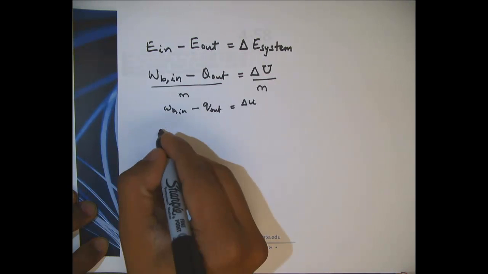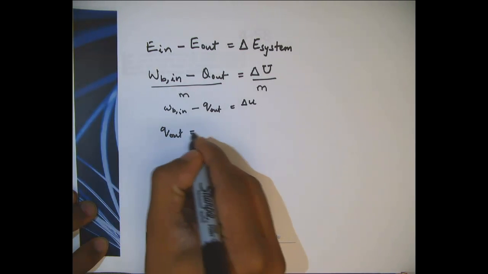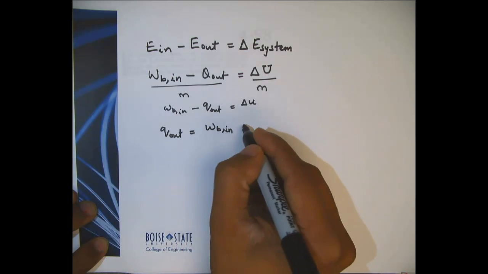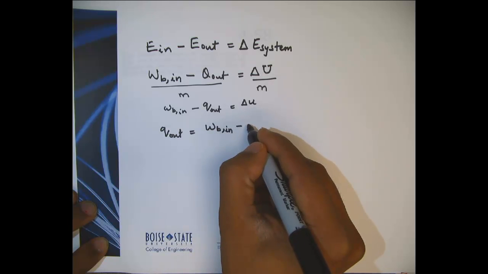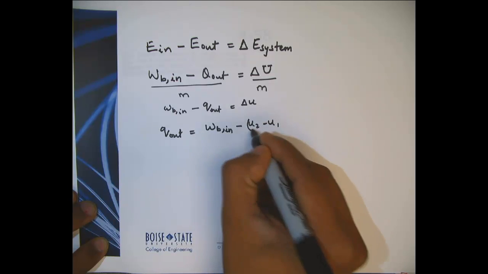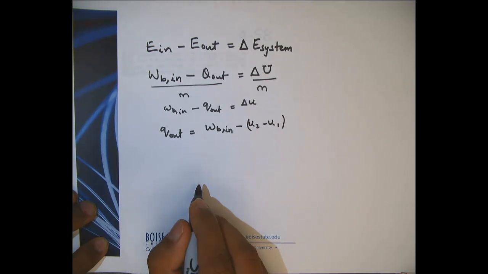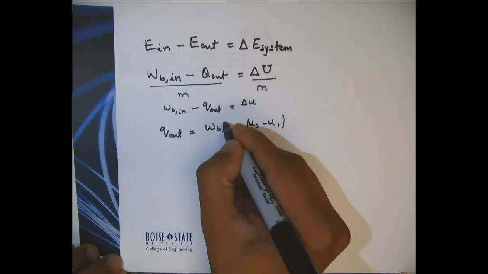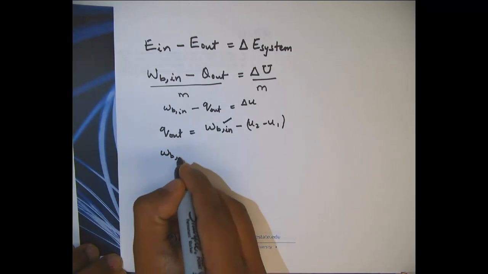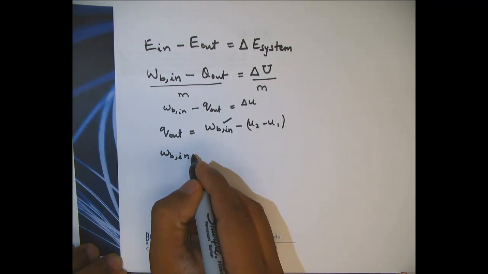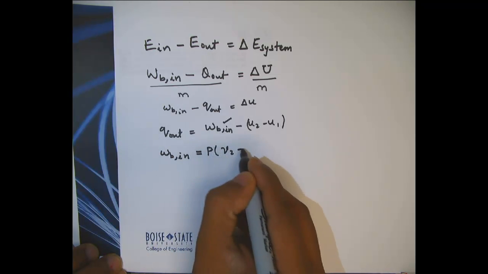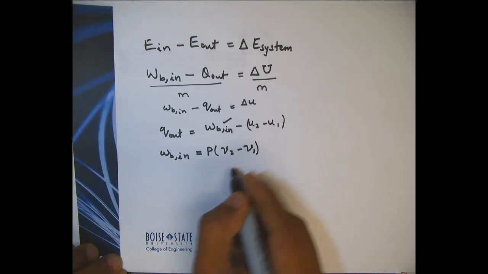Okay, so I can compute q out from here, which would be small w in minus delta u, which is u2 minus u1. So we can compute the work done since we know the specific volumes, and since it's a constant pressure process as well, it would be nothing but P times (V2 minus V1), which we computed before.